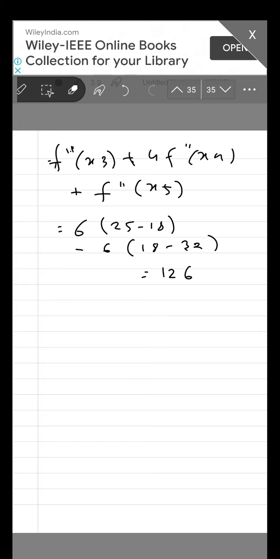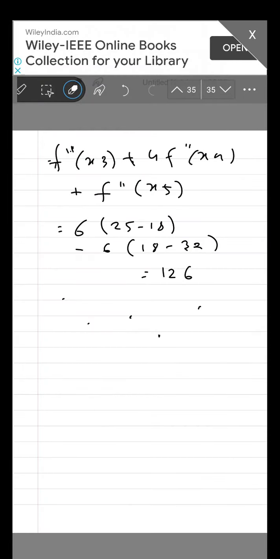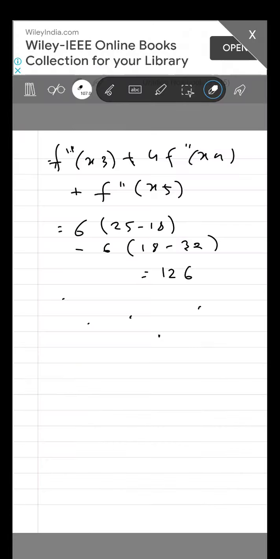So we have 5 points: 1, 2, 3, 4 and 5. This is where the curve ends, the first point and the last point, the fifth point, i is equal to 1 and i is equal to 5.